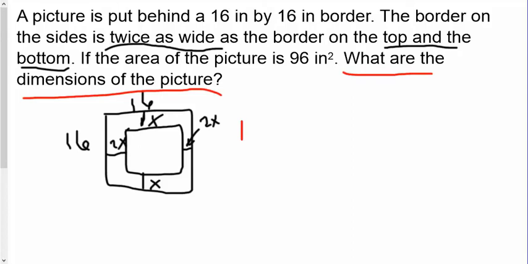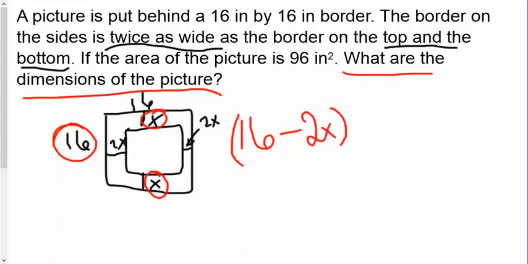So we say 16, I'm going to be dealing with this 16, minus, I have an x here and an x here, so that means I'm minusing 2x, times the quantity. Again, here we're dealing with that 16 minus, and here I have a 2x on the left and a 2x on the right, so that makes it a 4x.